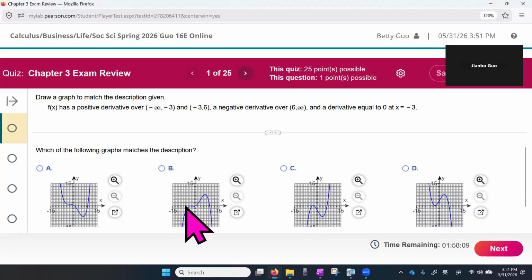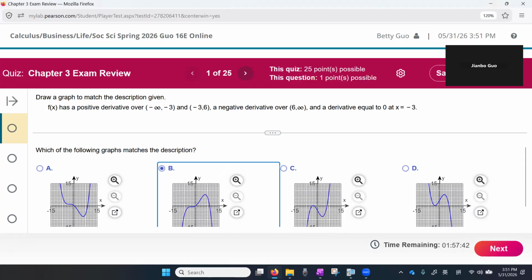At negative 3, we should have a horizontal tangent line, so flat. And from negative 3 to 6, increasing, decreasing from 6 to infinity. From 6 to infinity, the function is supposed to be decreasing, and this one is not right. We have to choose B.